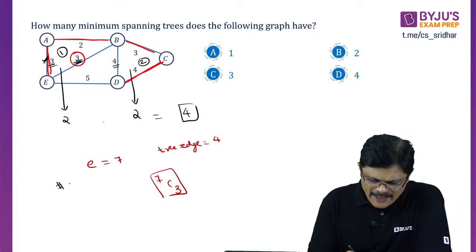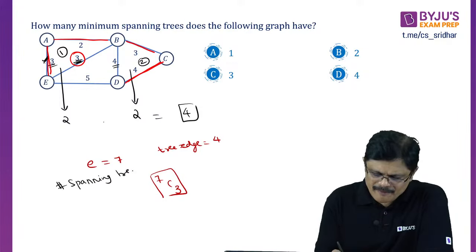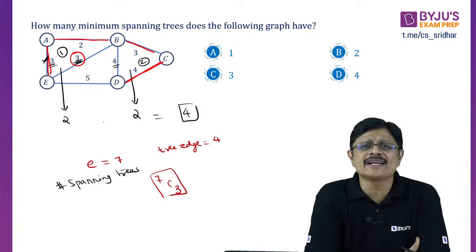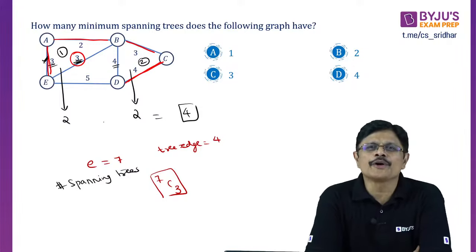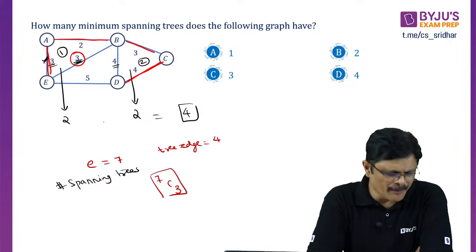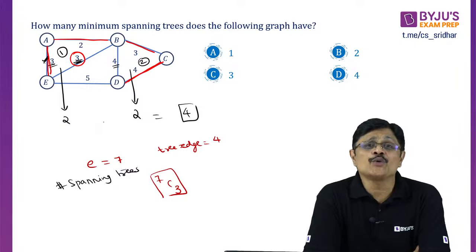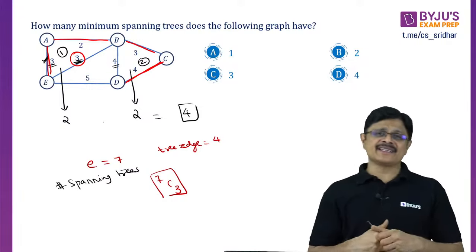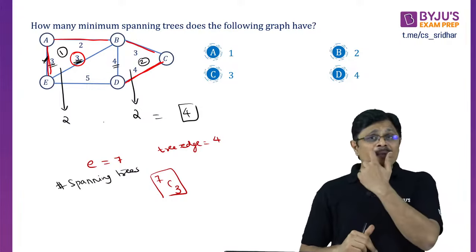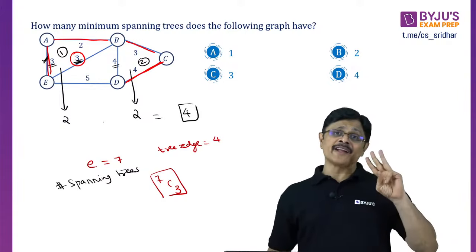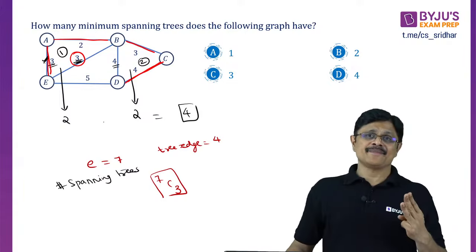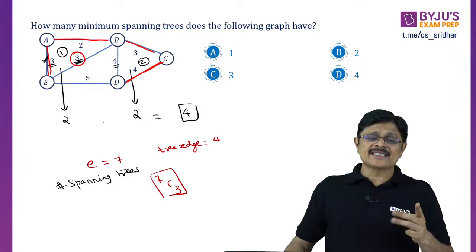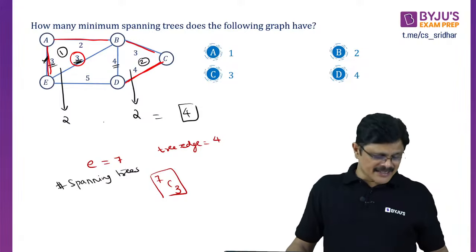See, if you want to find the number of spanning trees, from the total edges, if you remove 3 edges, you are going to get this spanning tree. 3 edges need to be removed. But you have to identify the 3 edges whose removal may disconnect the graph, because after removing 3 edges, the graph should not get disconnected.